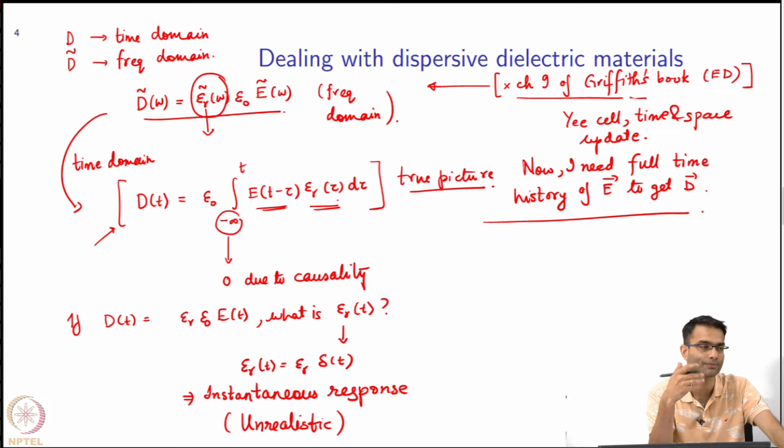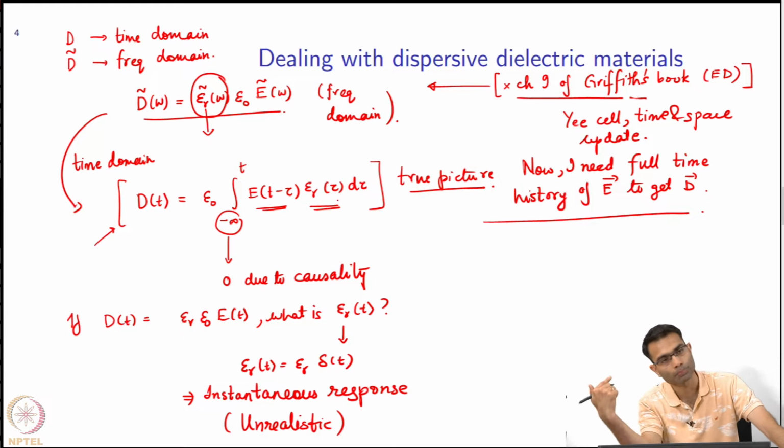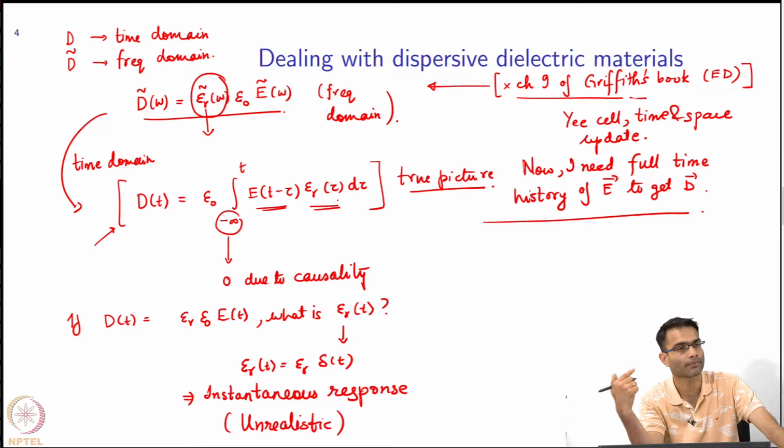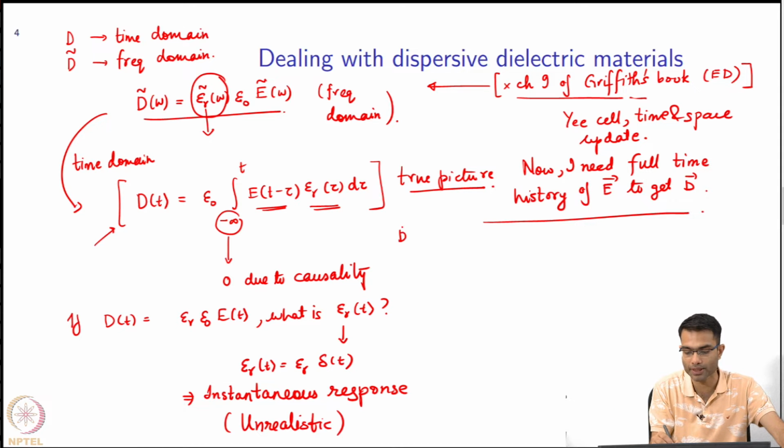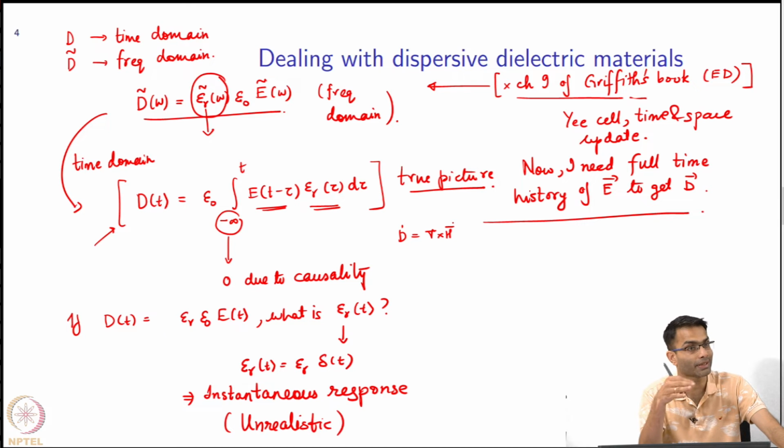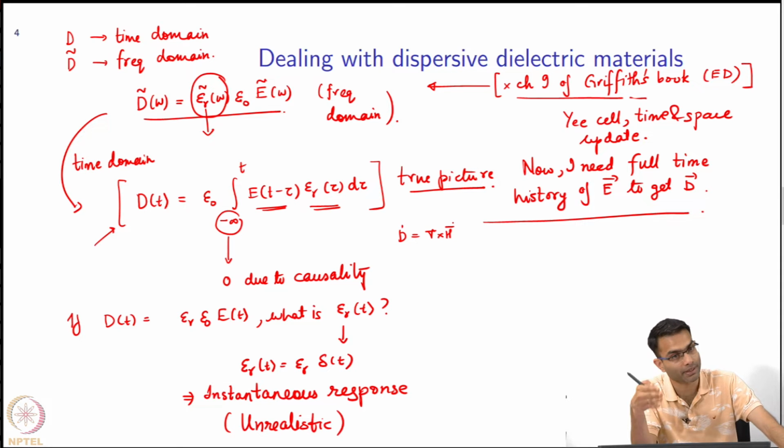I started with a frequency domain version of the permittivity, which is the dispersive nature. Now, in order to implement this D, because I need it in the update equations, what are the update equations? D dot is equal to curl of H. So I need D in the time domain, then take its derivative.